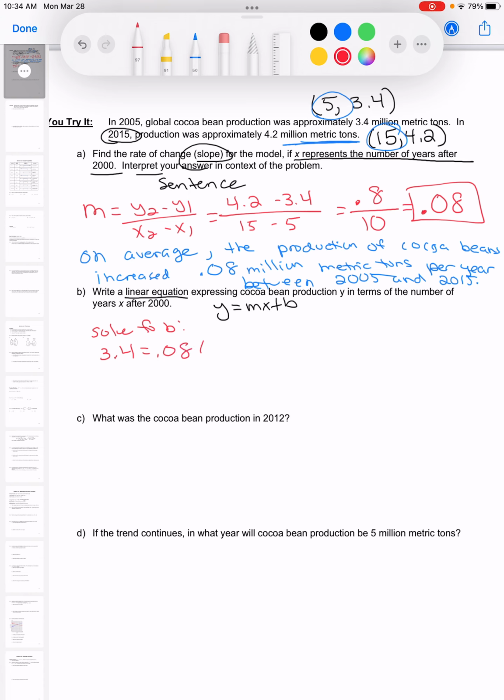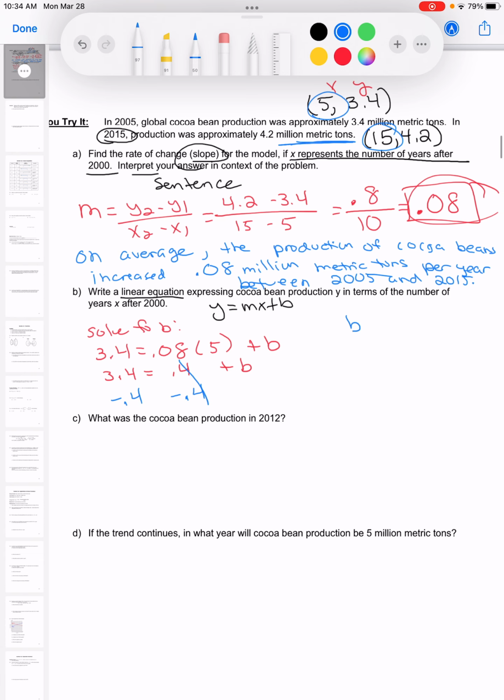I'm going to plug in my X, my Y, and my M from up above. 0.08 times 5 is 0.4. I'm going to solve for B. So I get B is 3. So my equation then, I know my X, I know my M, and I know my B. I wrote B there instead of the number. So I can get my equation.